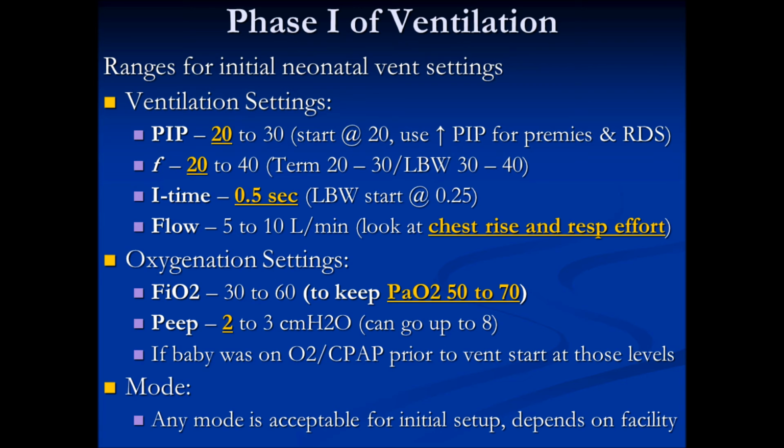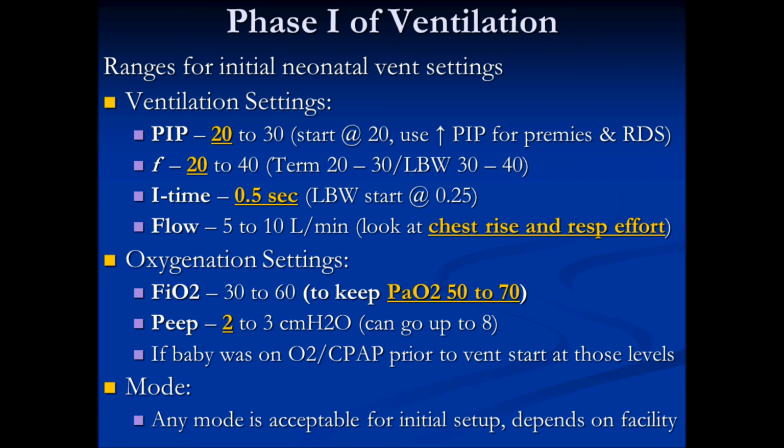Okay, for phase 1 of ventilation, the ranges are listed below for what you should set and the mode that you should consider. So for ventilation, your PIP should be anywhere from 20 to 30. We always start at 20, and then we increase the PIP for preemies and patients with stiff lungs like RDS, BPD, things of that nature.